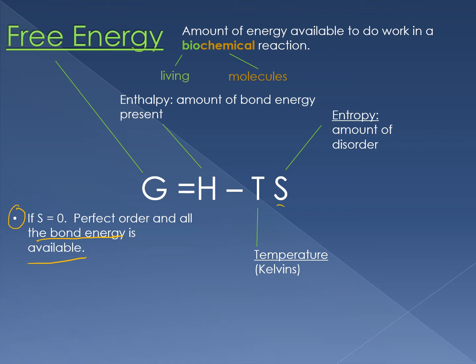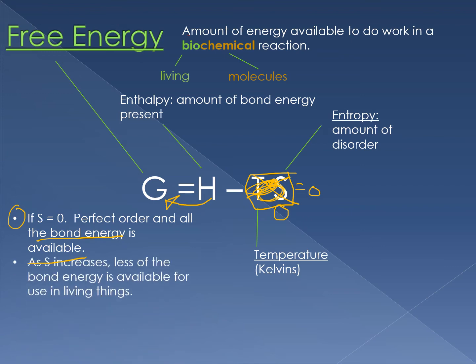Why is that? Because if S is 0, T times 0 is 0, right? So this whole part of the equation is gone. It's zeroed out. That means all the bond energy is available to do work, but that never happens in real life because the world is a chaotic place.